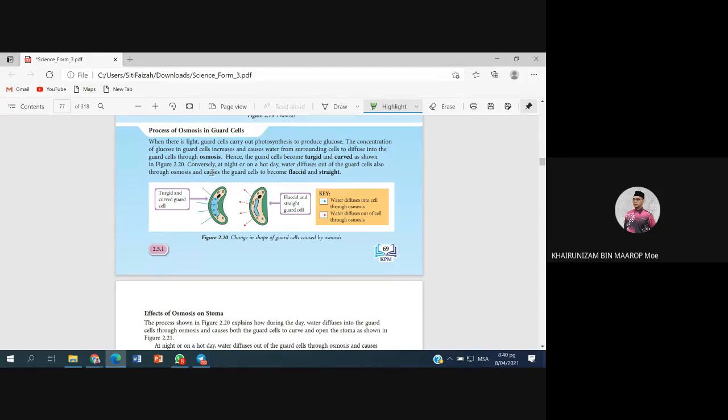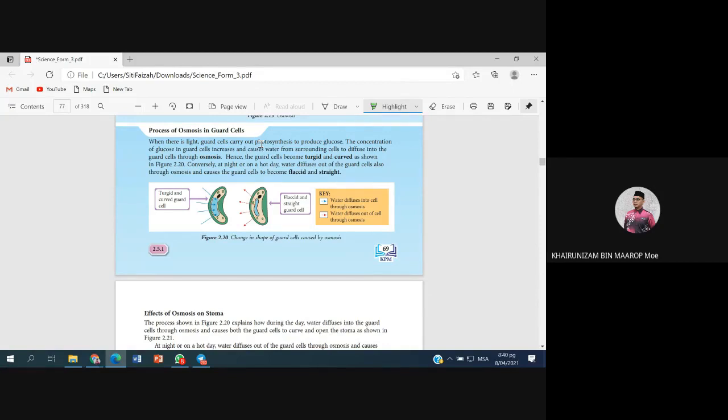Get it? So, and conversely at night or on a hot day, waktu malam ataupun waktu yang sangat panas, water diffuses out of the gut cell. Kalau waktu sangat panas, macam kita, kalau waktu panas kita akan sweating kan, berpeluh.